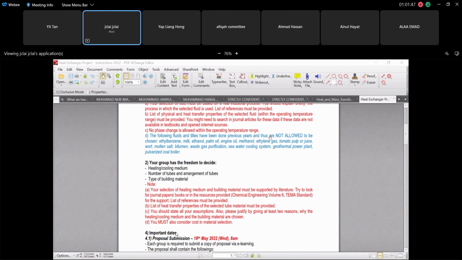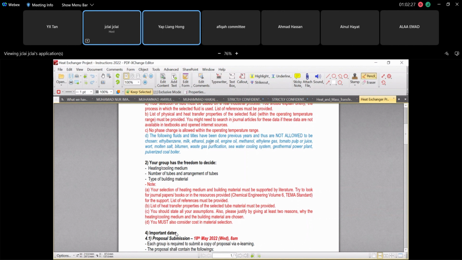Unless you can prove to me, let me give you one example. Example of a fluid. Cannot think of any fluid. Cooking oil, olive oil or something.